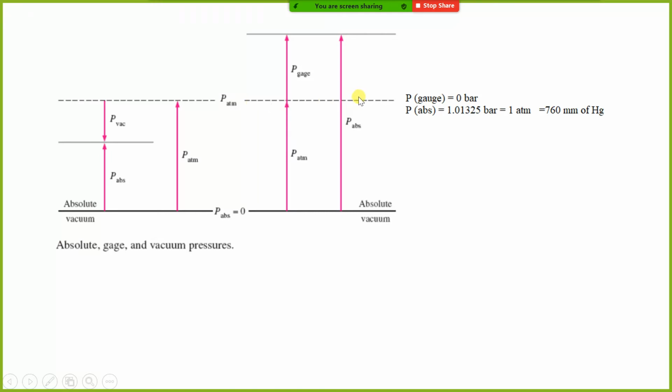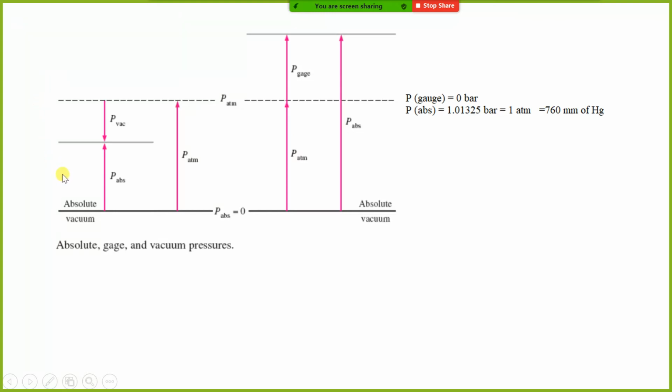At this point, the pressure gauge will give 0 reading, and if the gas pressure is suppose 2 bar, then absolute pressure at this point is equal to gauge pressure plus atmospheric pressure. Therefore, absolute pressure is equal to the sum of atmospheric pressure plus gauge pressure. It means the absolute pressure in bar will be 2 plus 1.01325 bar.